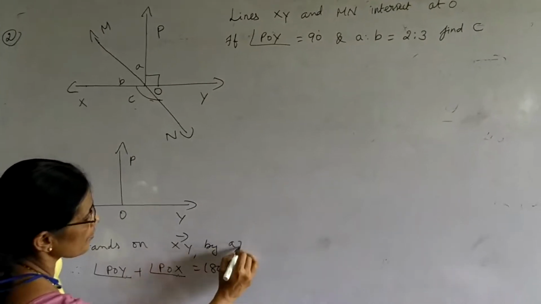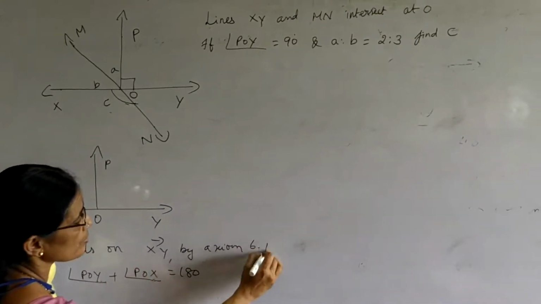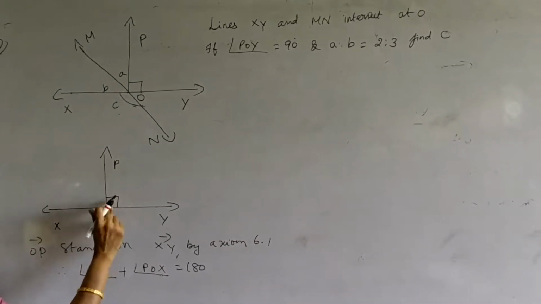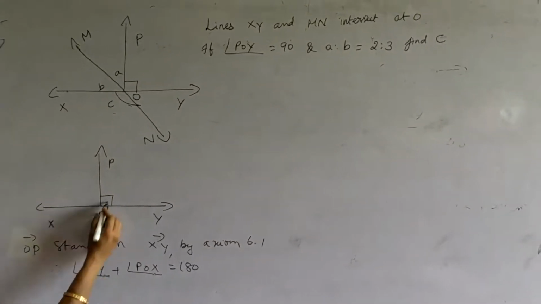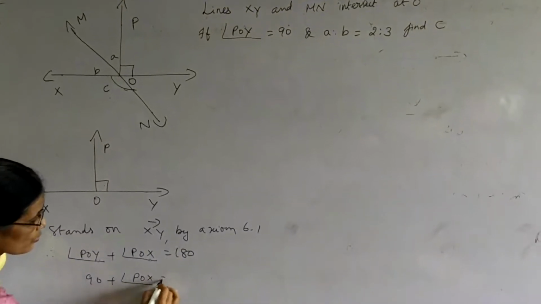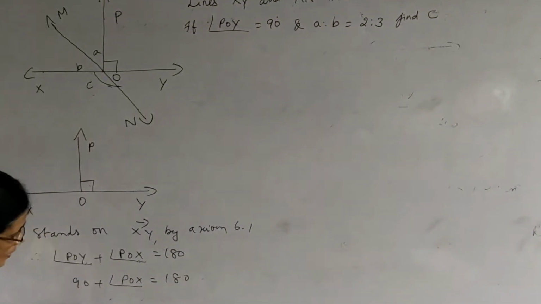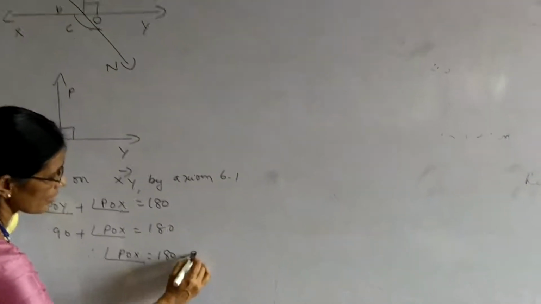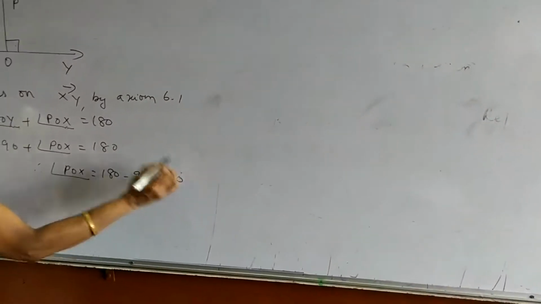This is by axiom 6.1. Here it is mentioned POY is 90 degree. It is given here. That we are going to substitute here 90 plus angle POX equal to 180. Therefore, angle POX is equal to 180 minus 90, which is equal to 90.